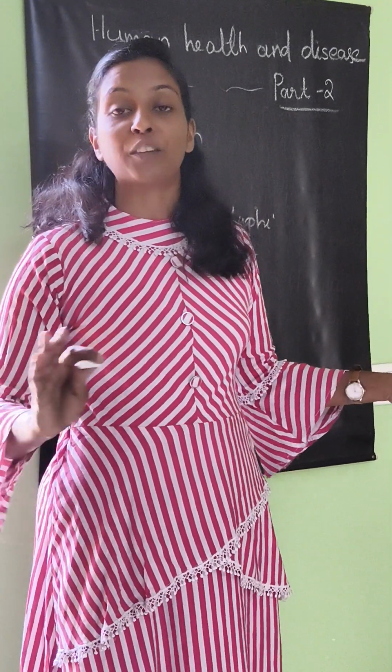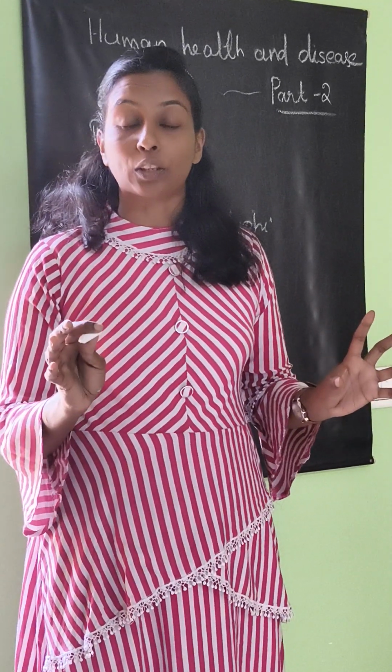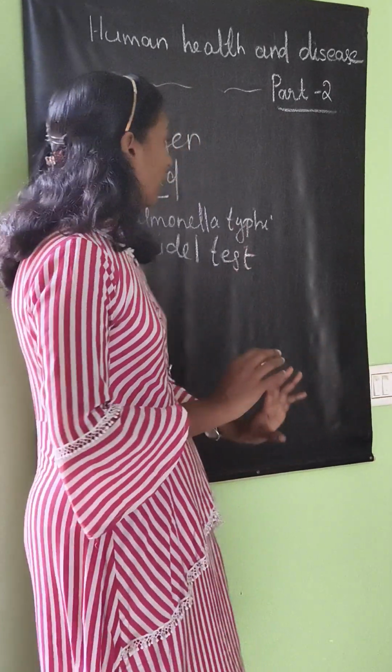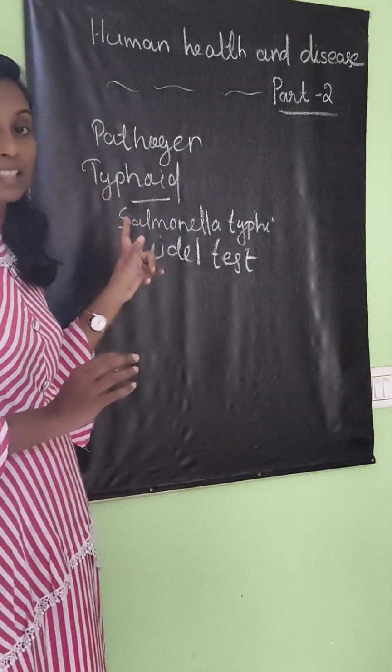Through that, around 900 people got typhoid because of her. She spread typhoid fever to around 900 people. That example shows it is transmitted through contaminated food and water. So that is the disease typhoid.